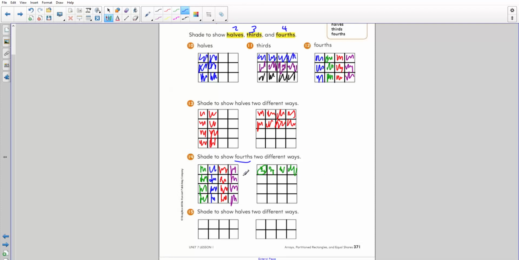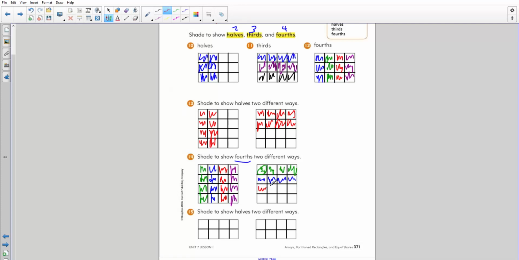All right, I'm going to go back to my blue, find your second color again, and I'm going to shade it in a second row blue. Now let's see. I have 4 green, 4 blue, and 8 white. Is that fourths? No, it's not, because they're not all equal shares. And I need 4 of them to be equal or the same as each other. All right, I'll go back to my third color, red.